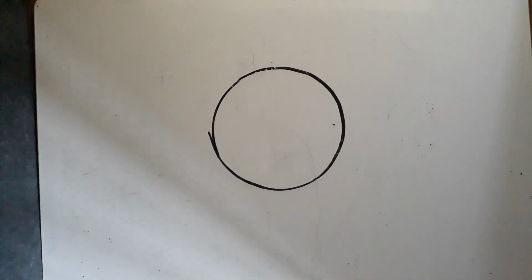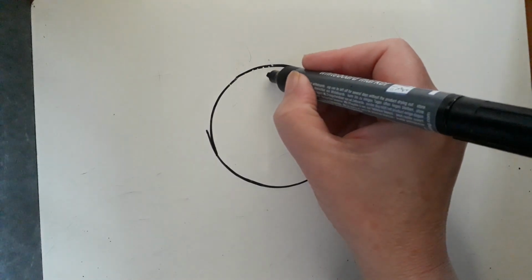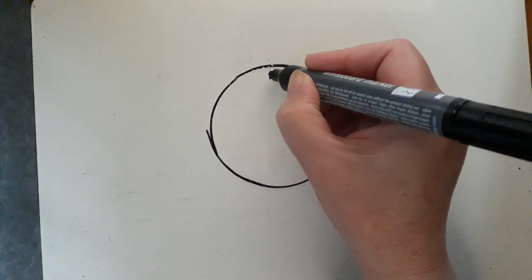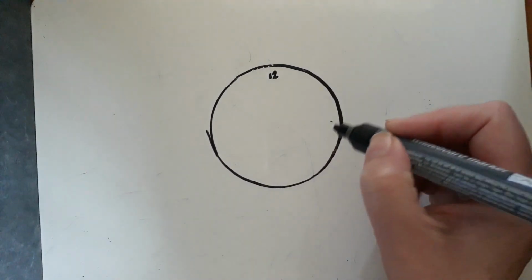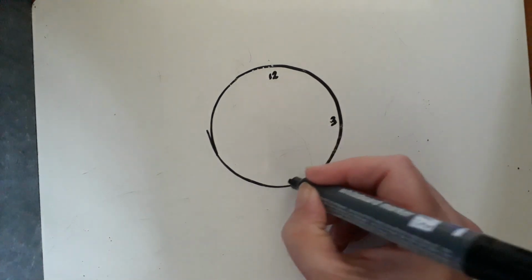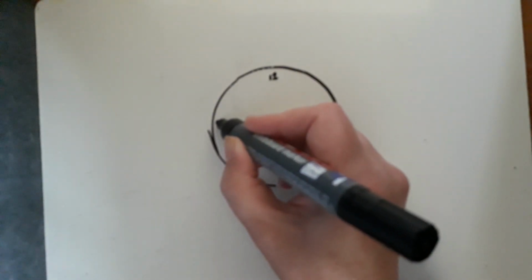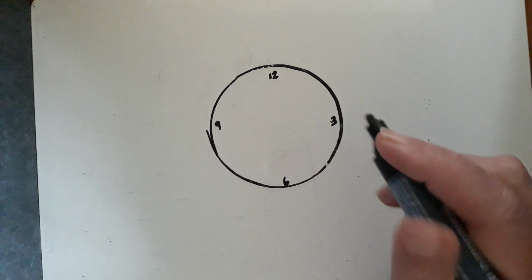So you need to draw another clock face again, okay, and bring the numbers in a little bit. Try and write them quite small. 12, 3, 6, 9. Oh, that's okay.